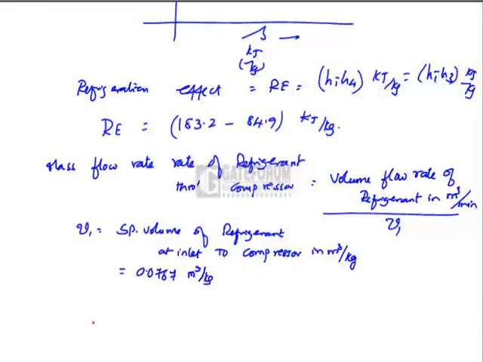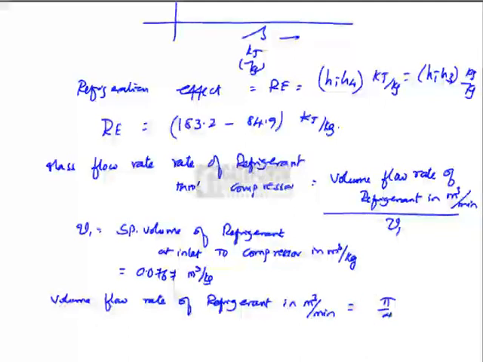But how to get the volume flow rate of refrigerant? Therefore, volume flow rate of refrigerant in meter cube per minute is equal to pi by 4 d square L into volumetric efficiency, that is the actual volume utilized per cycle, into number of cycles per minute, that is RPM n.